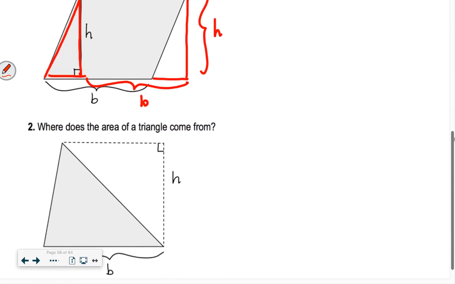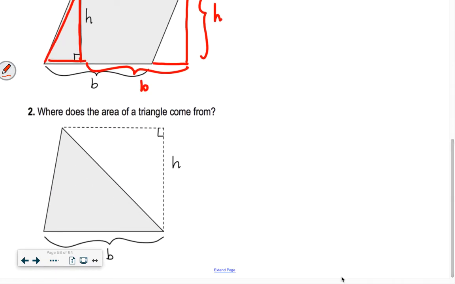Well, it kind of comes from that. So if I have my base times height and I start cutting things, and I decide that I want to cut something, where do I want to cut it? I'm forgetting how I proved this to myself before. I think I want to cut it right there. What do I do here?